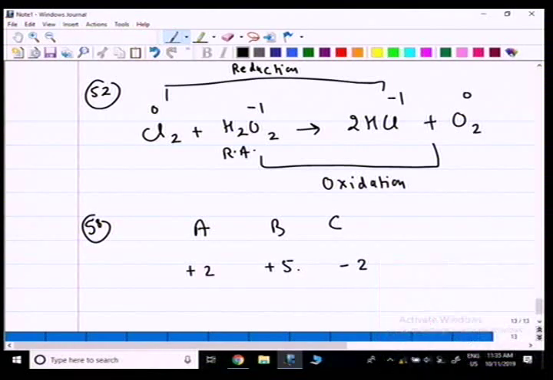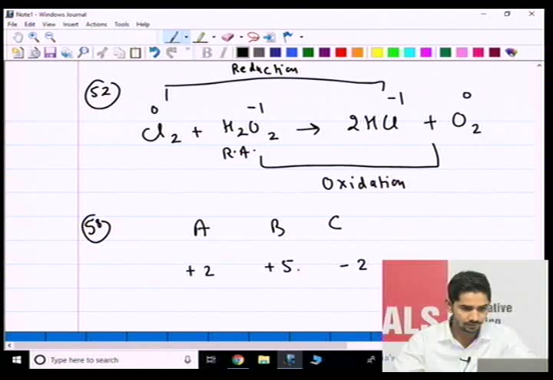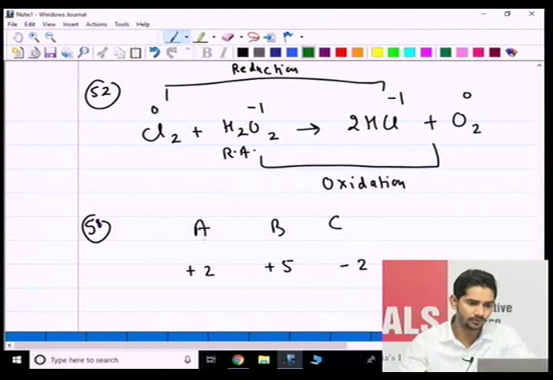5 2s are 10, and then no. If I multiply it with the 3, this is 2 and this is 8.